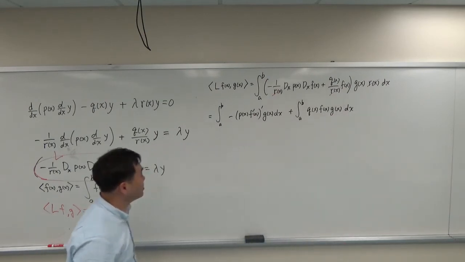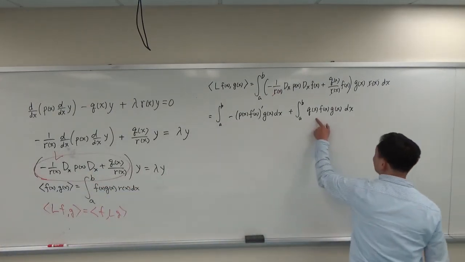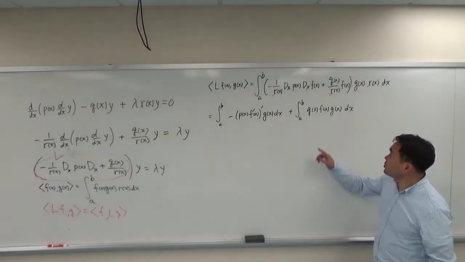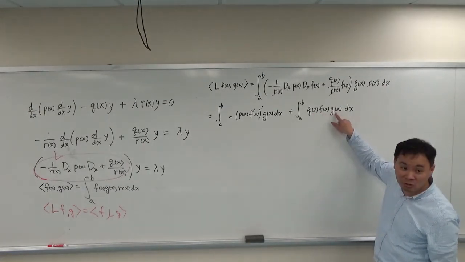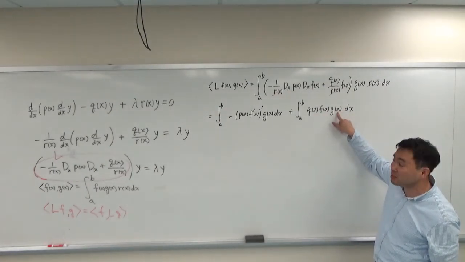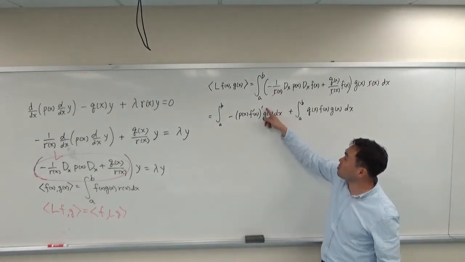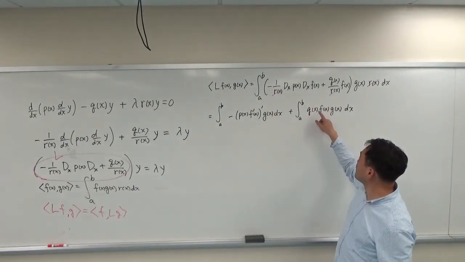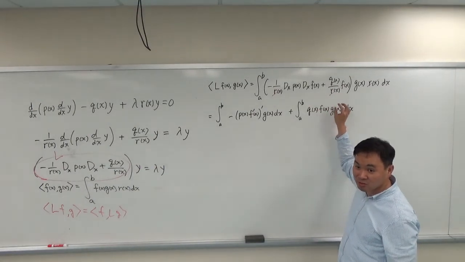Now if you look at this, you kind of already see that this is okay, because you can think of q(x) not as multiplied to f(x), but multiplied to g(x). You can think of this as multiplied to here instead. Oh, by the way, I said I don't worry about this bar. It all works because these are real valued functions, so whether you put the bar there or not, it doesn't matter.